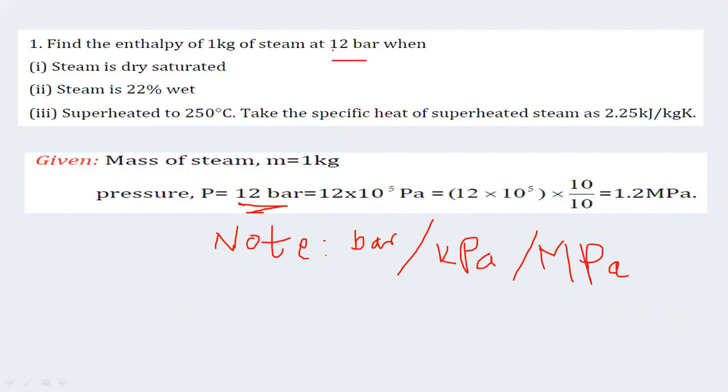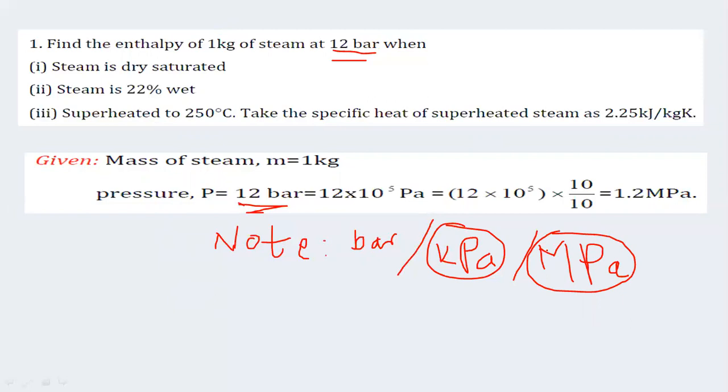So what you should do is convert this bar according to the steam table you are having. If in a steam table it is in kilopascal, convert that bar into the respective kilopascal, or if it is in megapascal, then convert it into the respective megapascal and then go for referring to your values.